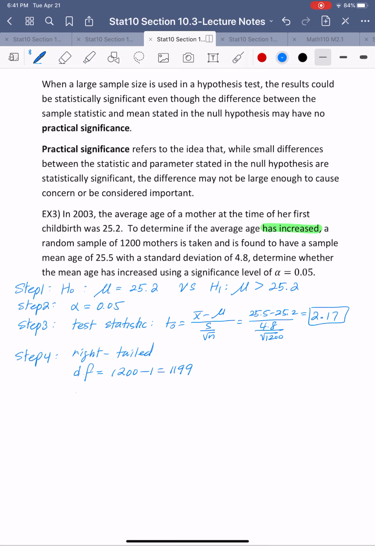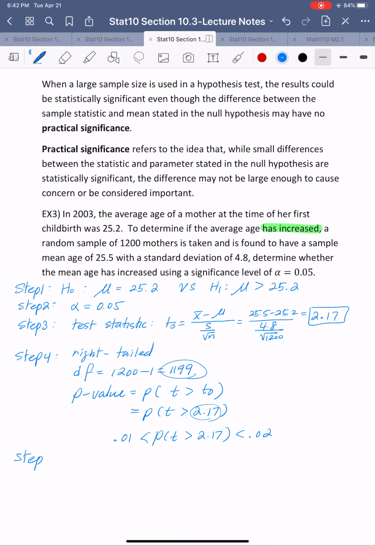So the p-value must be p of t greater than t sub 0, which is p of t greater than 2.17. So if you use 1199 with 2.17, and then you need to find the p-value, p of t greater than 2.17 is between 0.01 and 0.02.